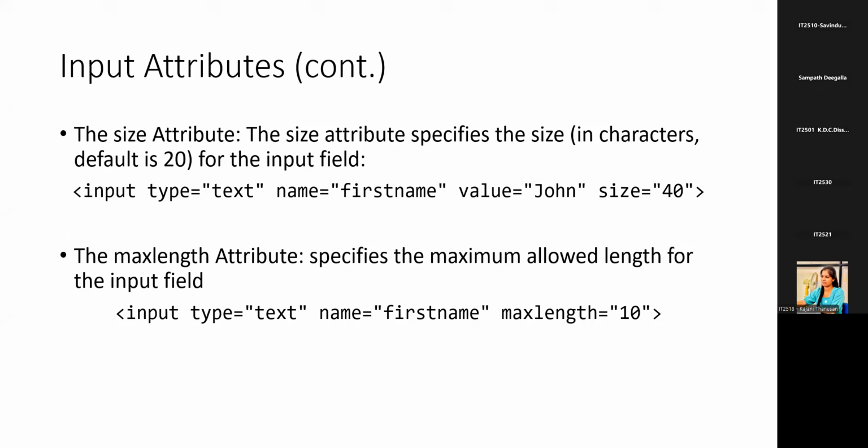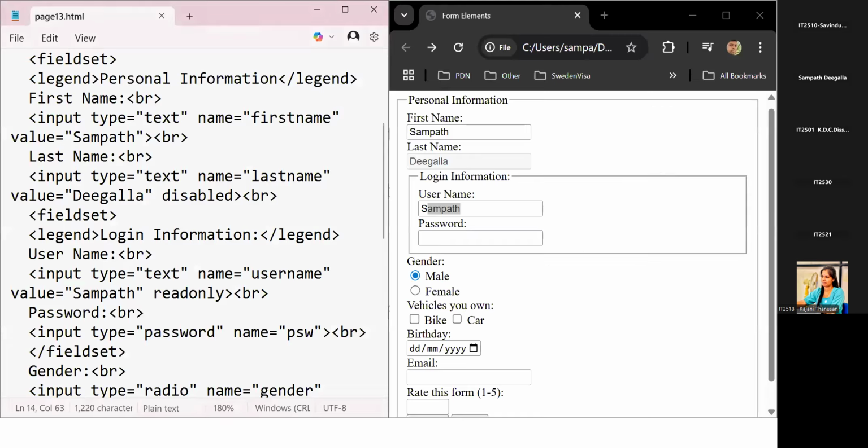So again, a few other fields, you can use size to specify size, because right now you can observe it's fixed, all these, it's a fixed 20. So I can say size 40. You can see it's lengthier than the other ones. You can adjust the size of this.